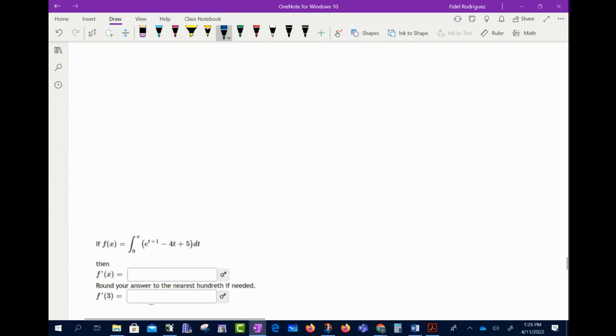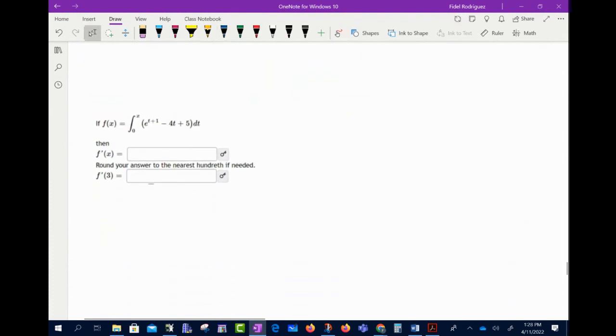All right? So look, let's do the same thing over here. First question in this problem. Do I need to reverse my limits here? No. Okay, so look, the first part says, let's find f prime of x. So for f prime of x, all we're going to do is everywhere we have a t, we're going to plug in an x.